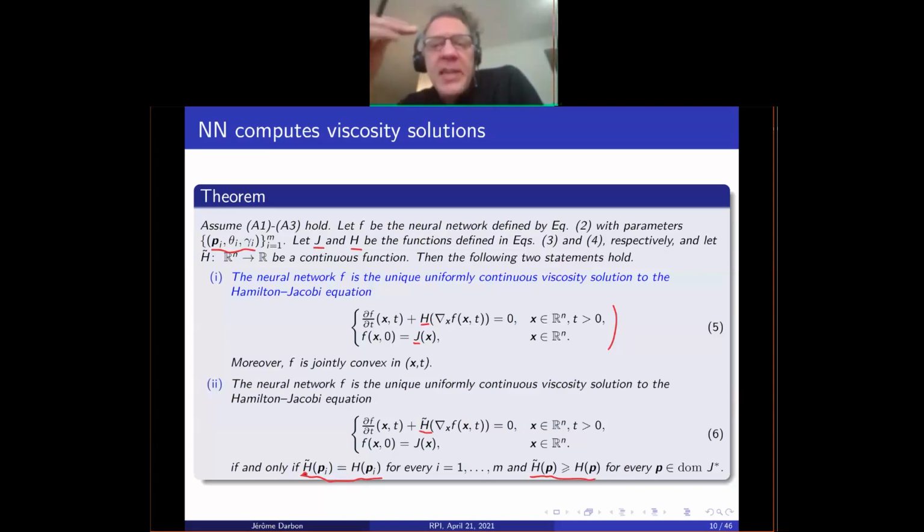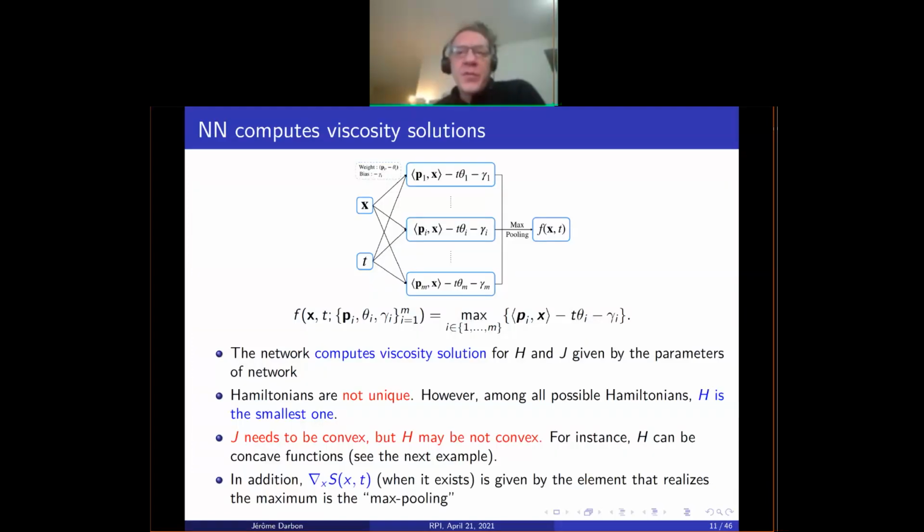So H tilde is another function that you can see as a Hamiltonian, and what you ask is that they agree with H on the pi, and otherwise the graph has to be above the graph of H. So it means you can talk about the pointwise smallest Hamiltonian for this neural network architecture that solves the Hamilton-Jacobi PDE.